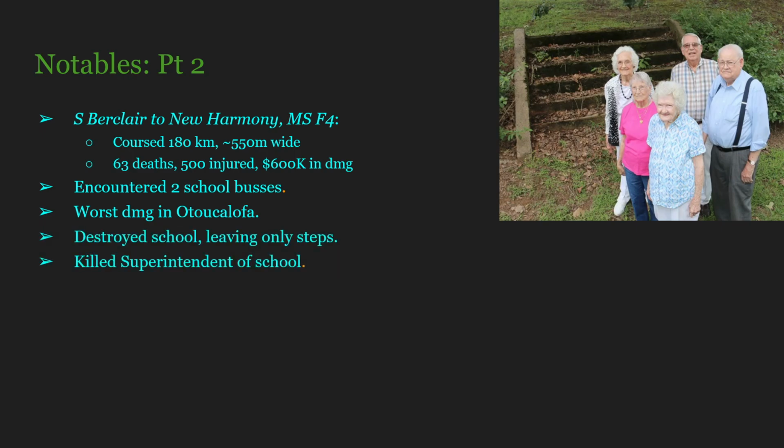It would also be in Otokalofa, again, sorry if I butchered that name, where a school would be completely destroyed, and we can see the steps of said school behind former students of the school. It would be the superintendent of the school district that would be killed.